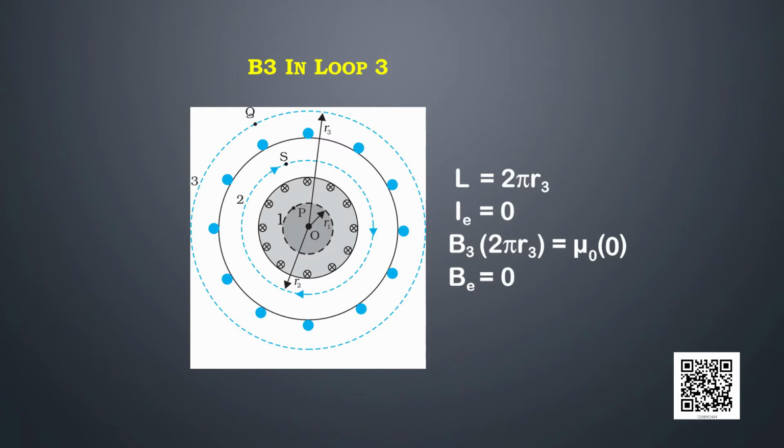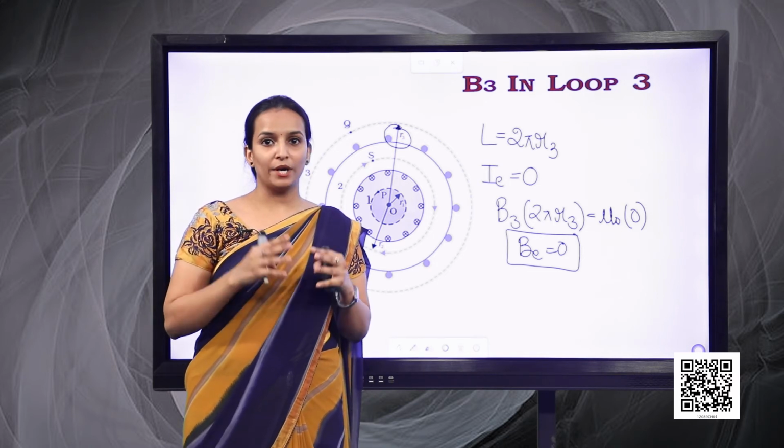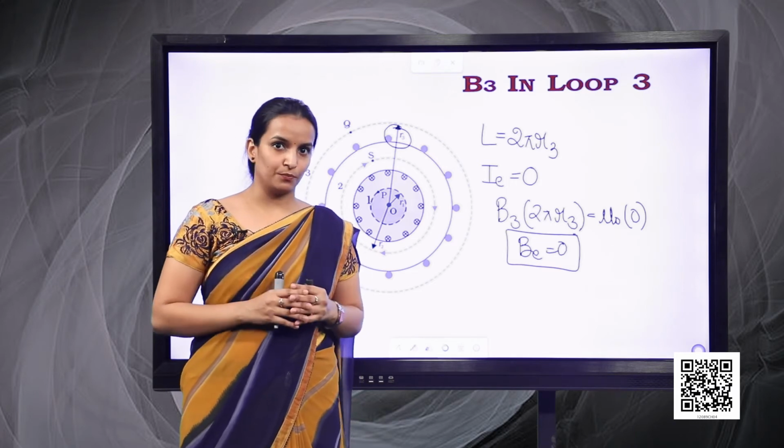That is why the net enclosed current will be 0. It means B3 2 pi r3 equals mu naught I_e, which is 0. It means B3 is also 0. Thus, we can say that the magnetic field at any point in the outside space will be 0.